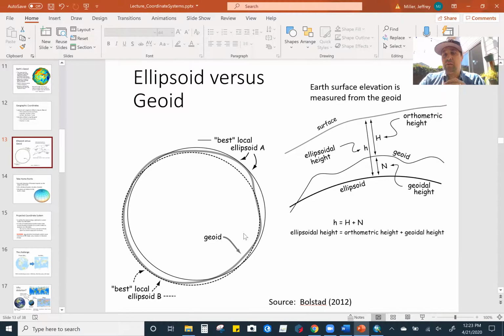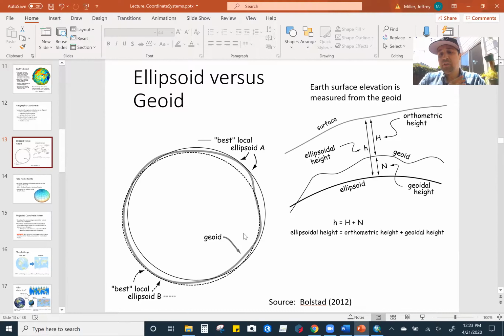Now, the problem is that, as we just viewed, the surface of the Earth and what is technically 0 is not smooth everywhere, because of gravitational pull. So we have to take the ellipsoid, and also take the geoid, and compare the two things.